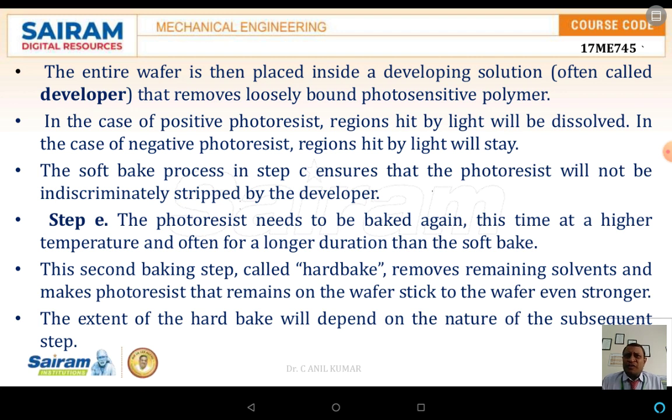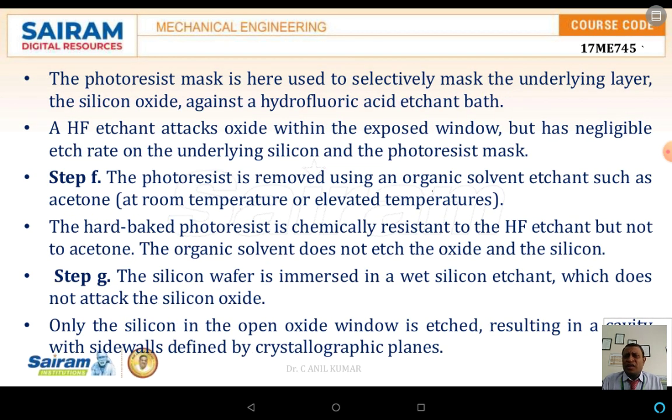Now in step F, the photoresist is removed using organic solvents, etchants such as acetone, and the etching is done. The hard baked photoresist is chemically resistant to HF etchants, but not to acetone. The organic solvents do not etch the oxide on the silicon.